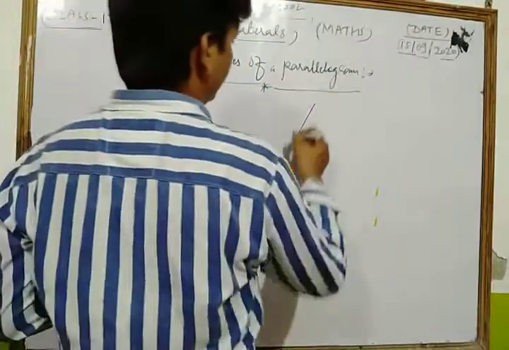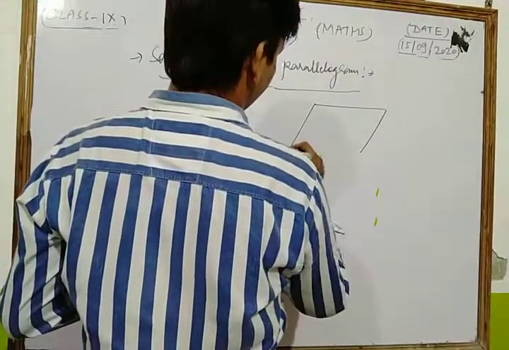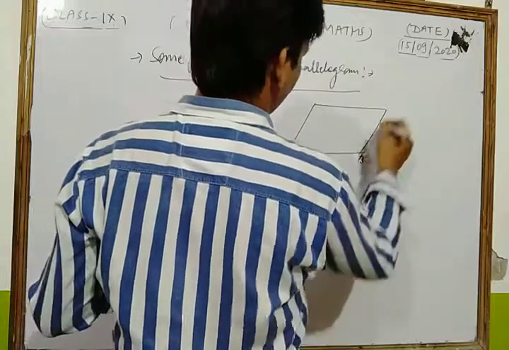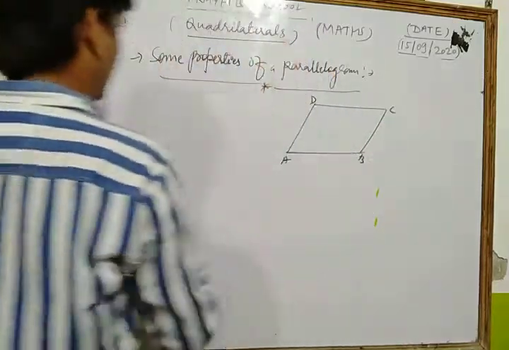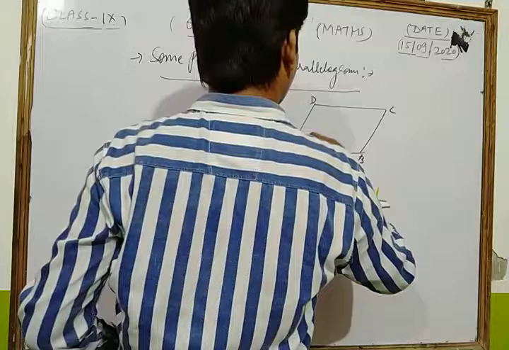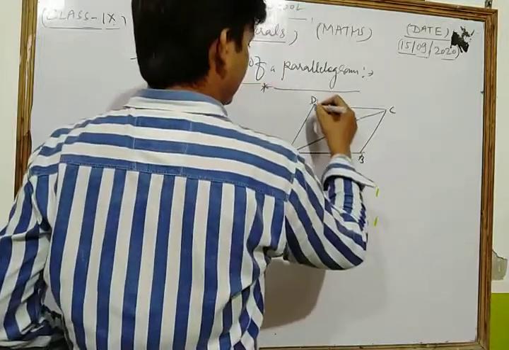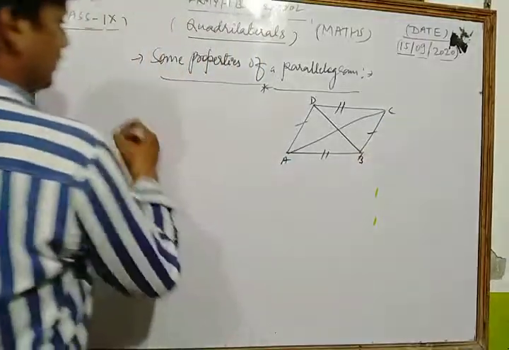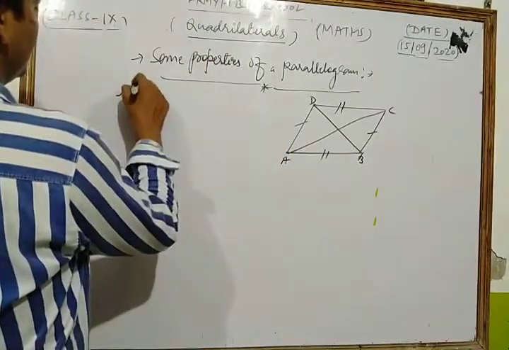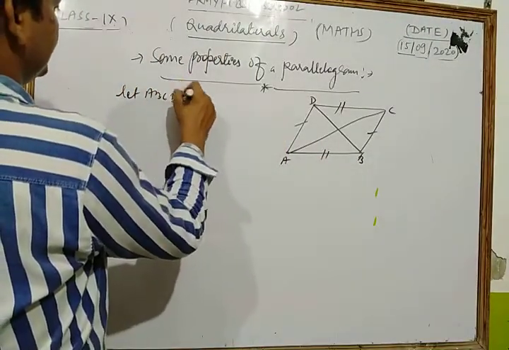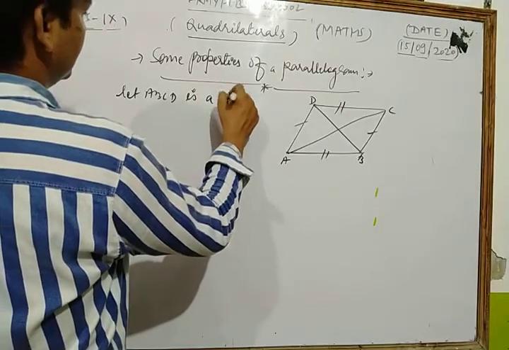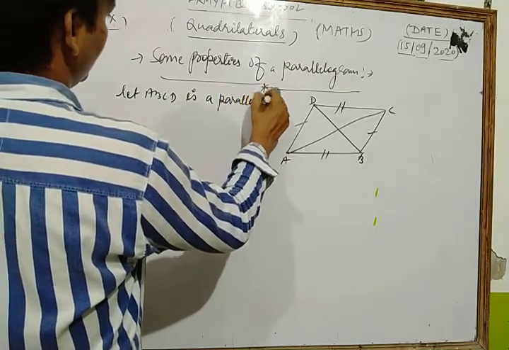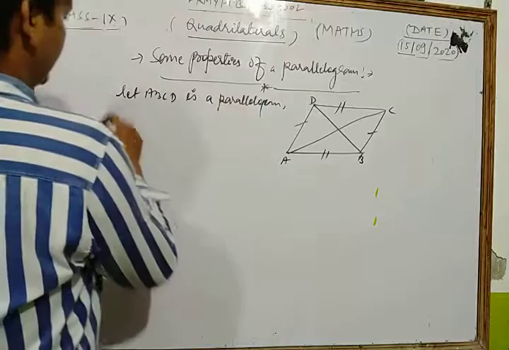Suppose that ABCD is a parallelogram, and AC and BD are diagonals.